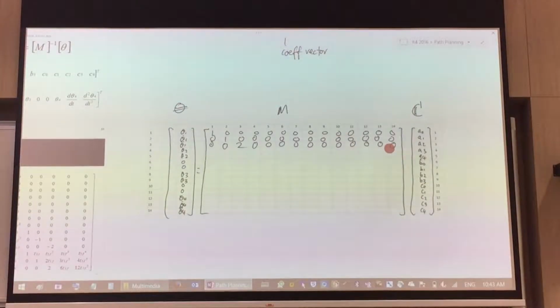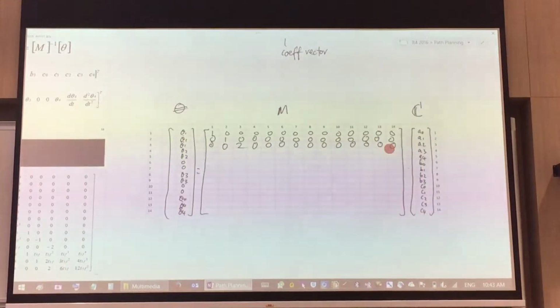I think it's exciting to look at the fourth one. If you look at your fourth boundary condition, I'll just read it off to you. Fourth boundary condition is theta 1 equal to A0 plus A1 T1F plus A2 T1F squared plus A3 T1F cubed plus A4 T1F to the power 4.